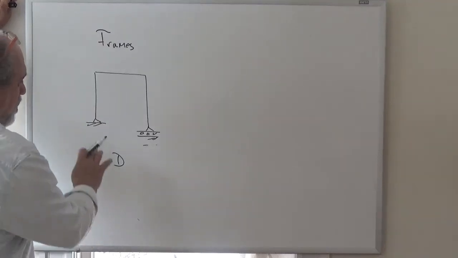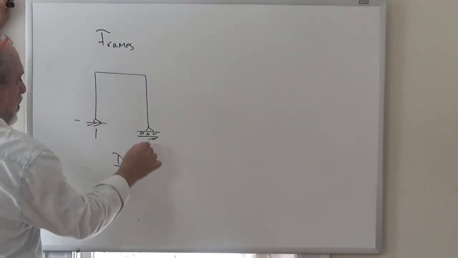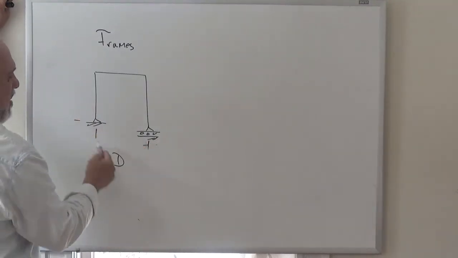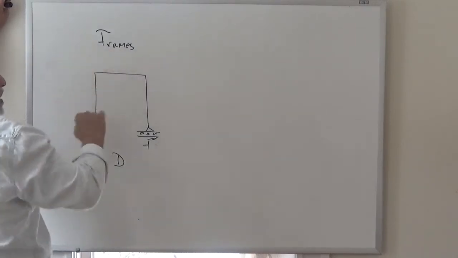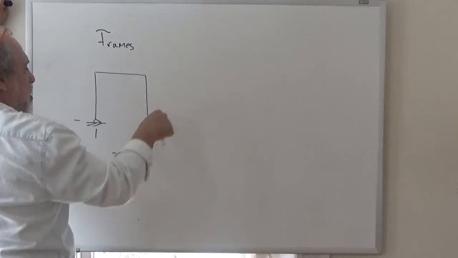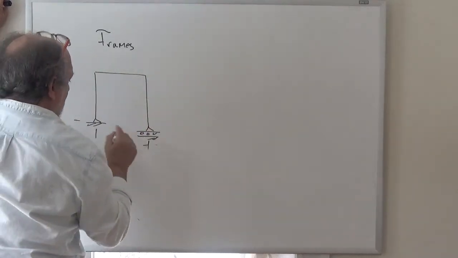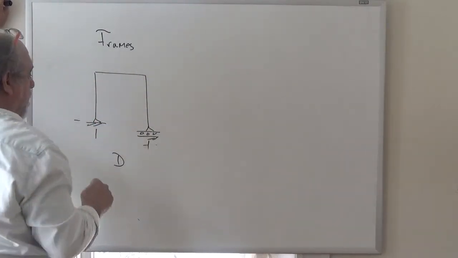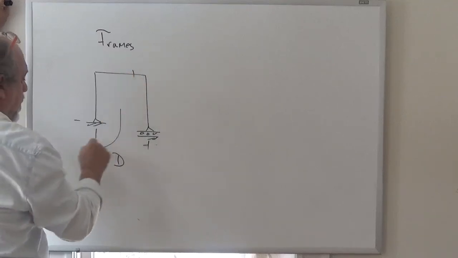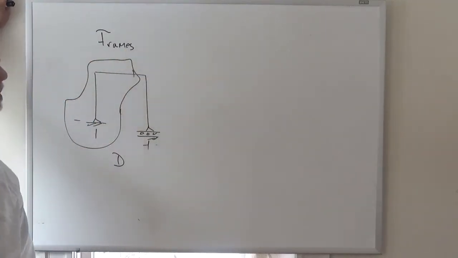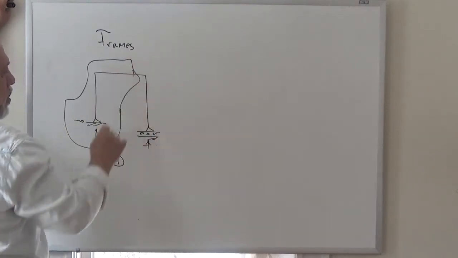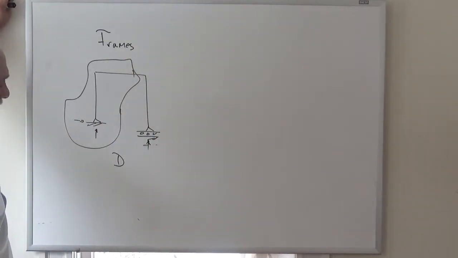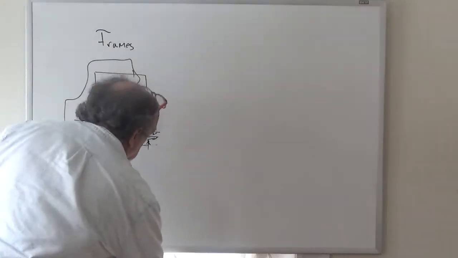Why? Because there's 1, 2, and 3 reactions, and once I have those reactions, I can take a bubble that only cuts once. So I can calculate shears, moments, etc., having only the unknowns where I'm cutting, right? You want to know what's going on there, you go like this, and that's it, right? Once you have these reactions, you have 3 unknowns. So that structure is determinate.